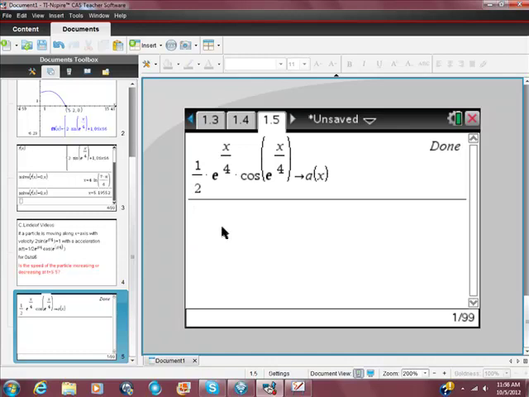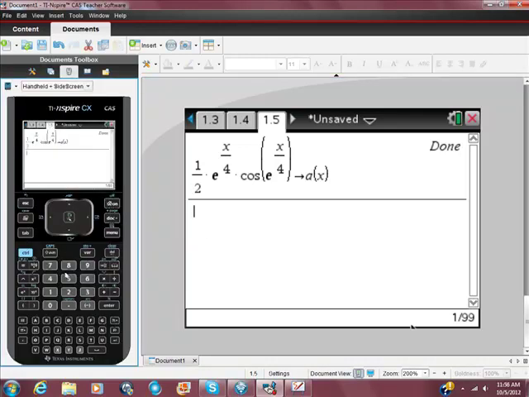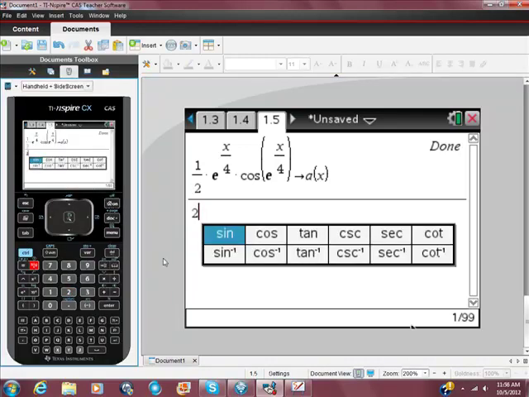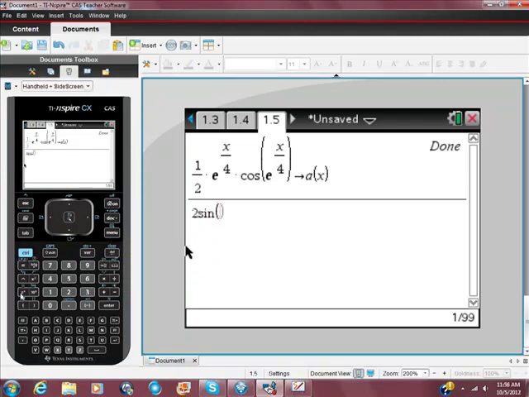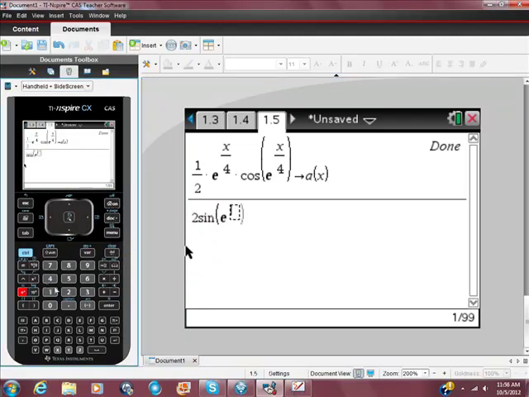So, right? Here's the acceleration function. I already put it in. I'm going to use the same model to put in the velocity function, which happens to be 2 times sine of e to the x power, plus 1, with x instead of t, if you don't mind.